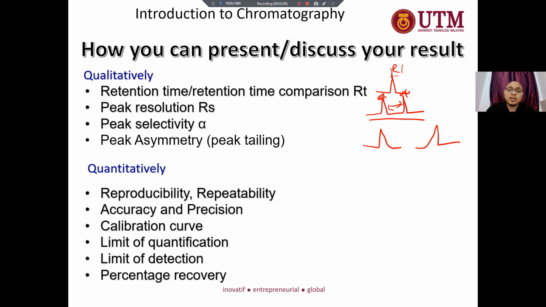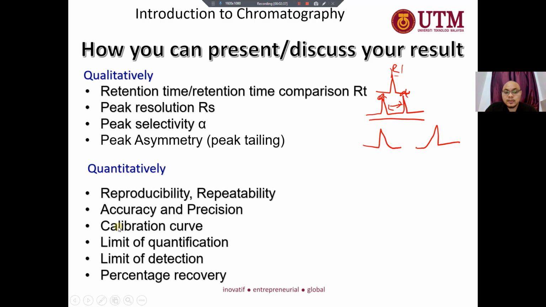Or today you run 1 ppm, you get 1 ppm, and tomorrow you run, you also get 1 ppm, not suddenly 3 ppm. For accuracy and precision, for example, you have the calibration curve and you run a standard that you know is 1 ppm, you must get 1 ppm as well.